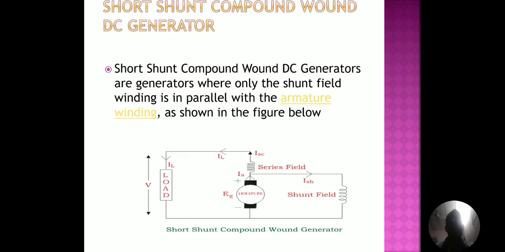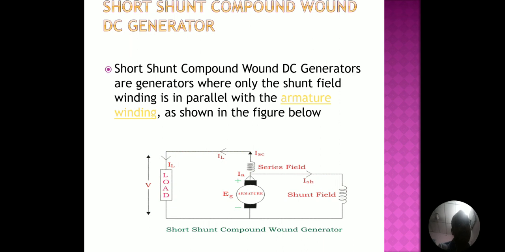One is short shunt type and the other one is long shunt type. Let us see the first one, that is short shunt type of compound wound generator. Mainly in these generators only the shunt field winding is in parallel with the armature. We can see the circuit below. Here the shunt field winding is in parallel with the armature only.